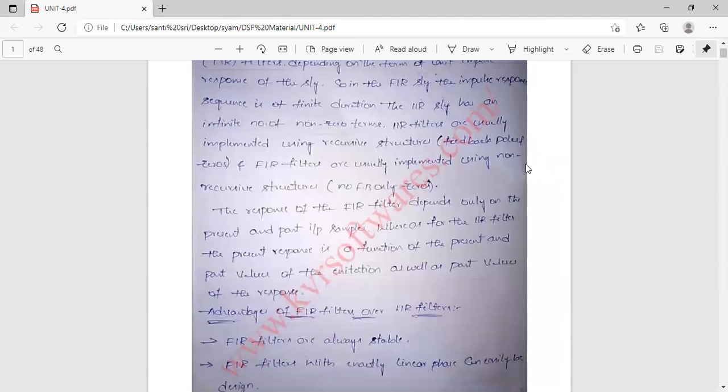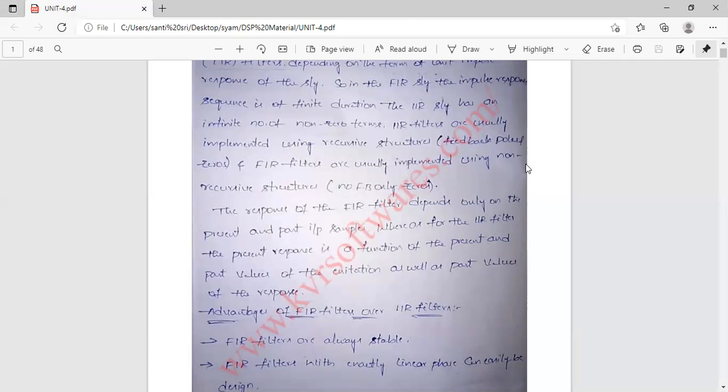The response of the FIR filter depends only on the present input and past input samples, whereas the IIR filter response depends upon the present input and past output samples also.